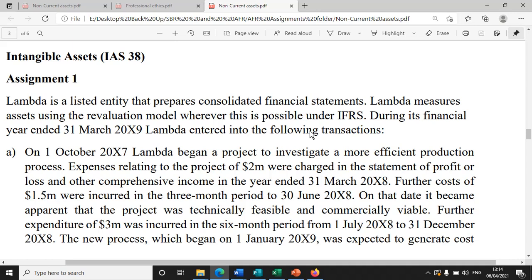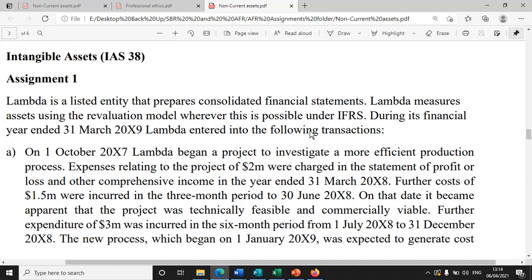Lambda is a listed company, prepares its group accounts, and measures assets using the revaluation model, wherever this is possible under IFRS. During its financial year ended 31st March 20X9, it entered into the following transactions.